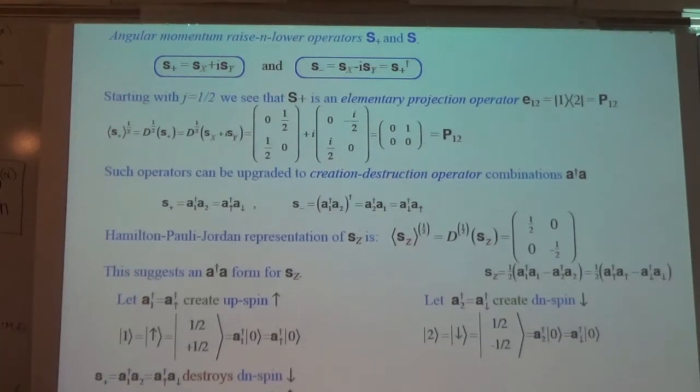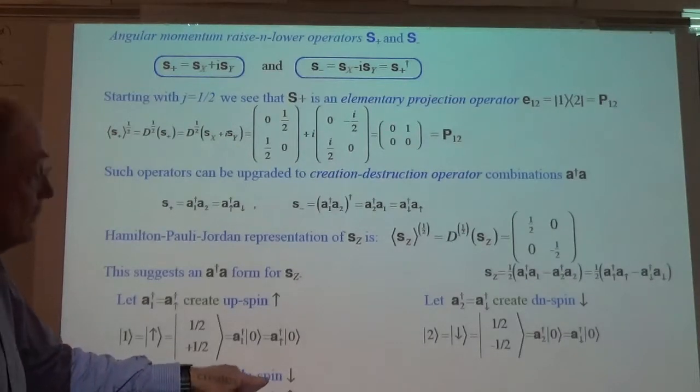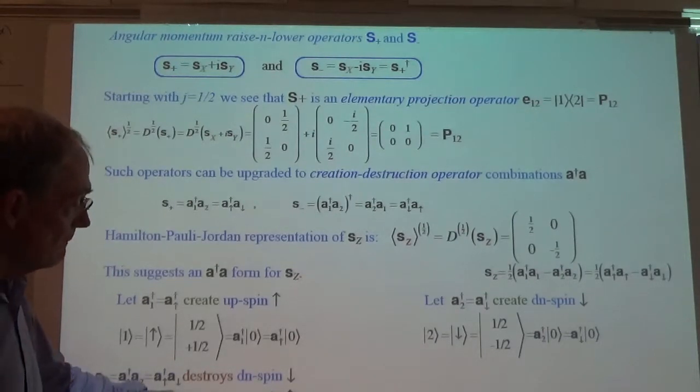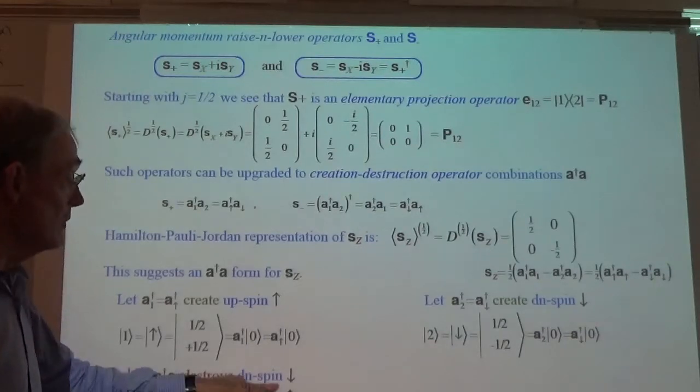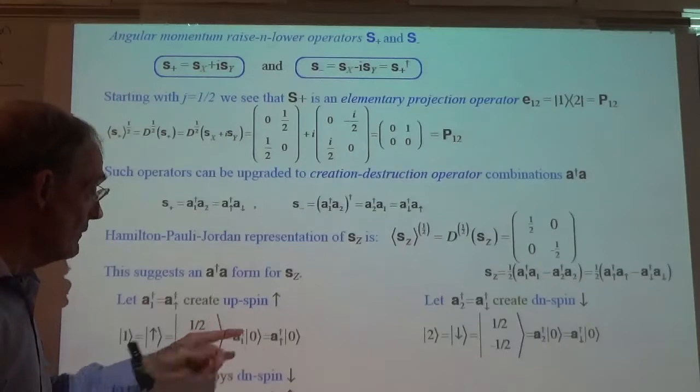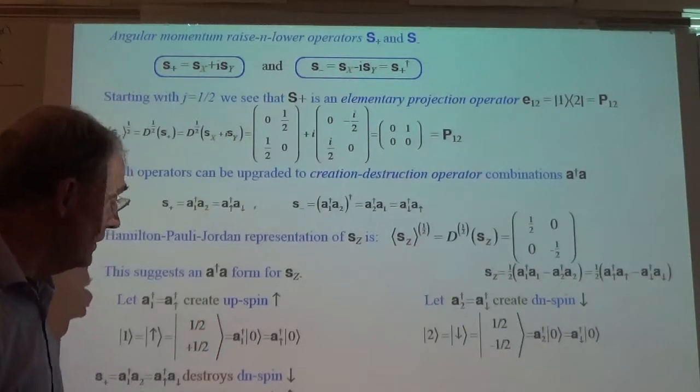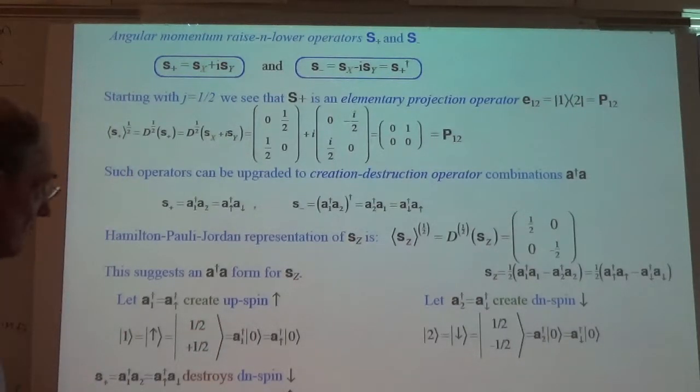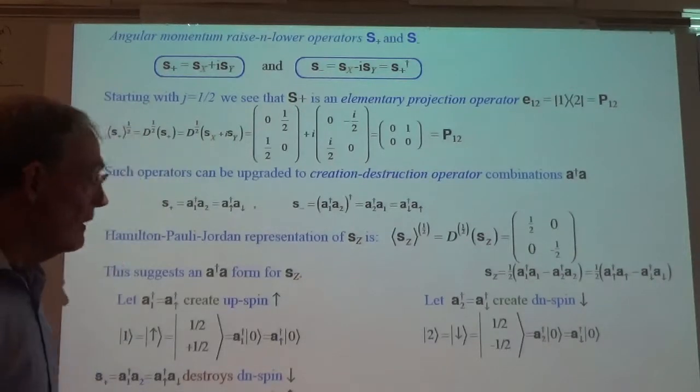Okay, so this one, destroying a down, which is a -1/2, and creating an up, which is a +1/2. So this is a -1/2 that you've destroyed. So now you got a +1/2, and then you pick up another +1/2 from this one. That's a creation of raising by 1 quantum unit.